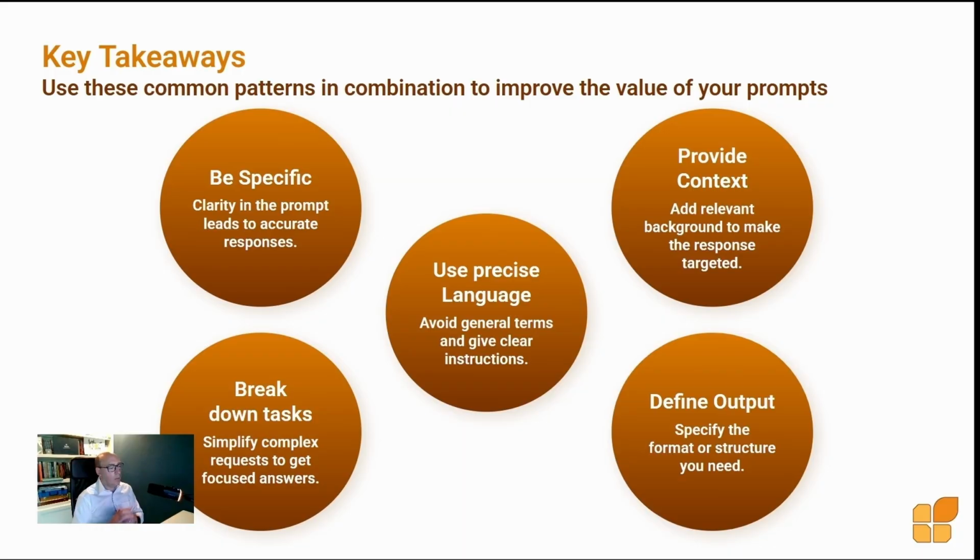And actually, you could then also further incorporate there, I want that as a table. You can think about how you want that output to look, so you can then pick it up and use it further downstream in a different tool. So be specific, use precise language, provide context where it makes sense, break down the tasks into a smaller set of simple tasks, and define the output.